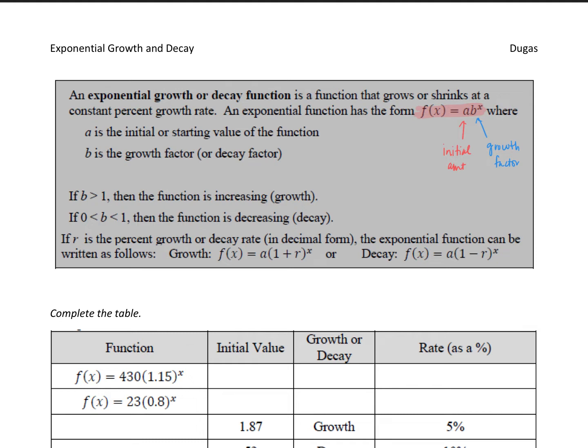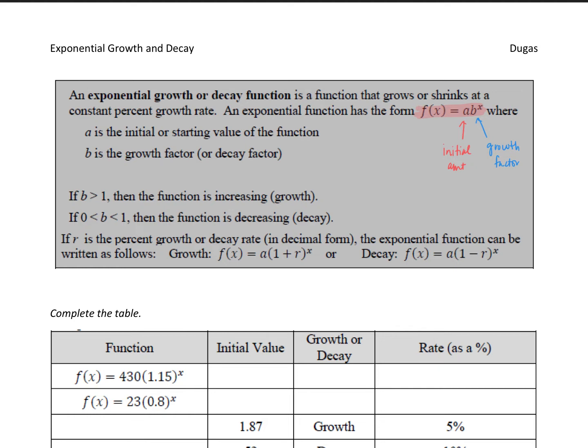Okay, so you can kind of see what they're telling you here is you always have 1 plus r or 1 minus r in parentheses. You'll see when we get to numbers, it's easier to tell with numbers. But the key here is your formula for an exponential function is highlighted in red, and that A is the initial amount, and B you're going to see is the growth factor.